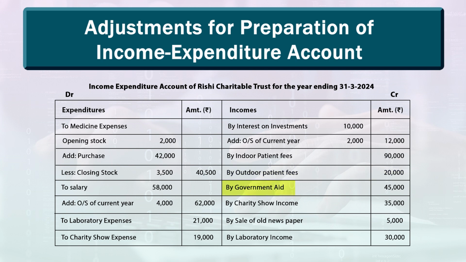Then we have government aid of rupees 45,000. After that we have charity show income of rupees 35,000. Then we have sale of old newspapers amounting to rupees 5,000. After that we record laboratory income of rupees 30,000.